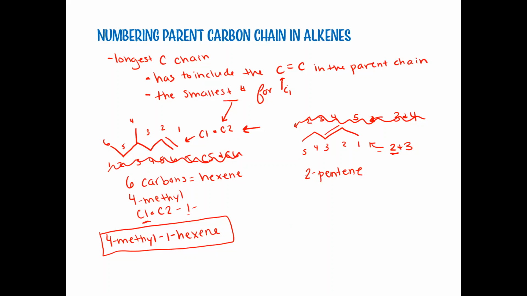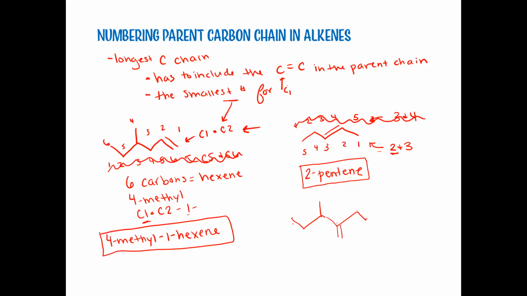Another example would be this molecule. Now we want to find the carbon chain. We have 1, 2, 3, 4, 5, 6 carbons this way, but it doesn't have the carbon-carbon double bond in it.